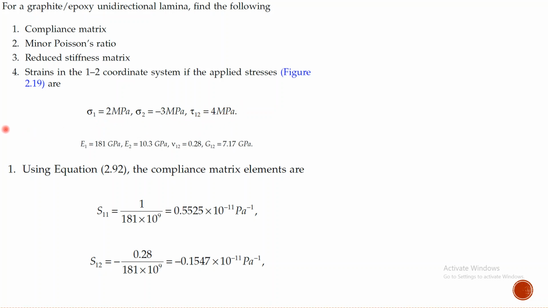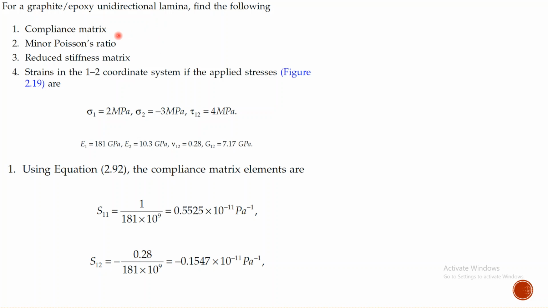Some engineering constants are also given. Longitudinal Young's modulus E1 is equal to 181 gigapascal. Transverse Young's modulus E2 is equal to 10.3 gigapascal. Major Poisson's ratio nu12 is equal to 0.28 and G12 is equal to 7.17 gigapascal.